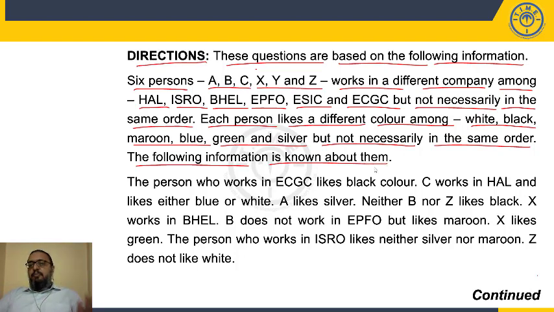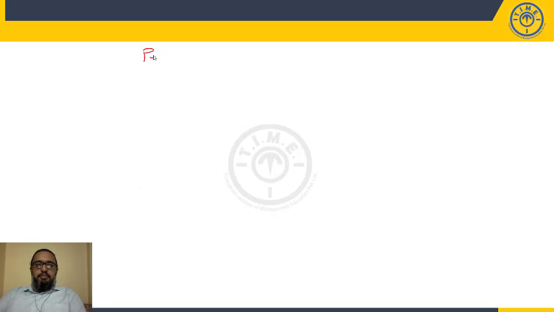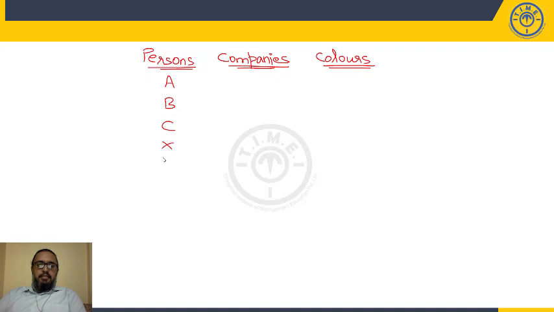So we have 6 people, 6 different companies and 6 different colors. So it is a distribution. Okay. So we'll fix the persons. And then the companies as well as the colors will be distributed based on the conditions. So we have A, B, C, X, Y, Z.